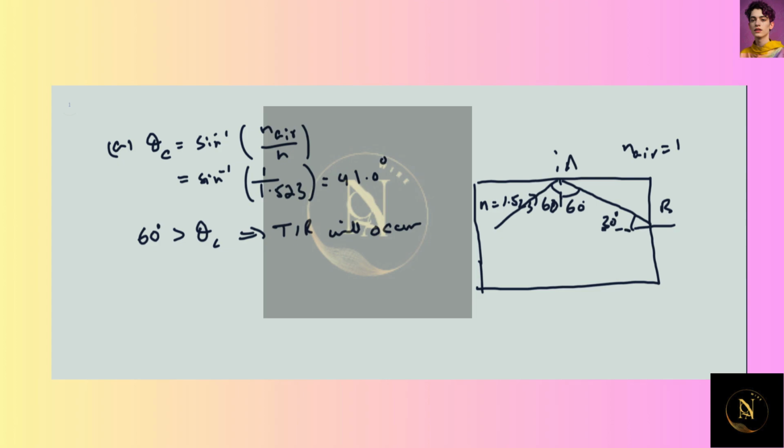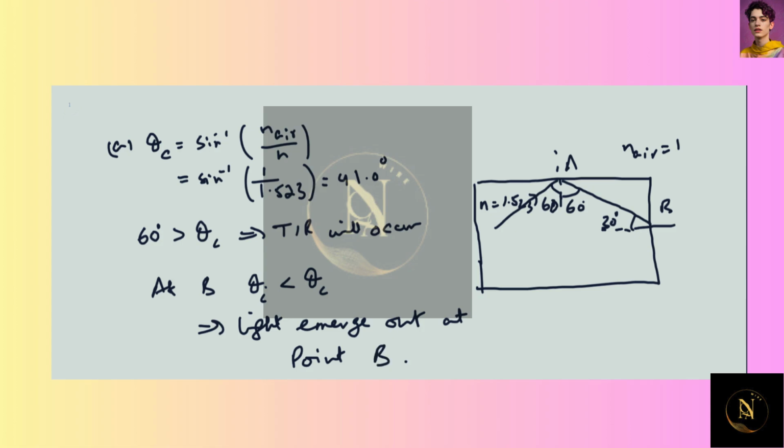And now, since the angle of incidence now at B, we have theta incidence is less than the theta critical, therefore light will emerge out at point B. So here the light will actually come out and there will be no total internal reflection.